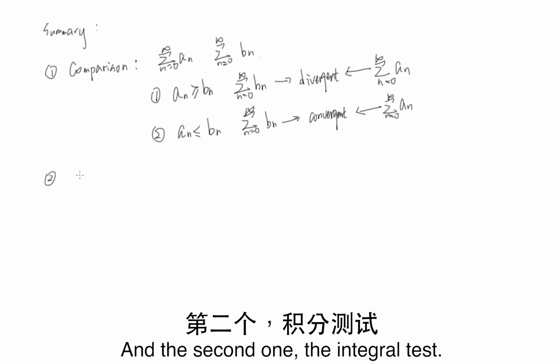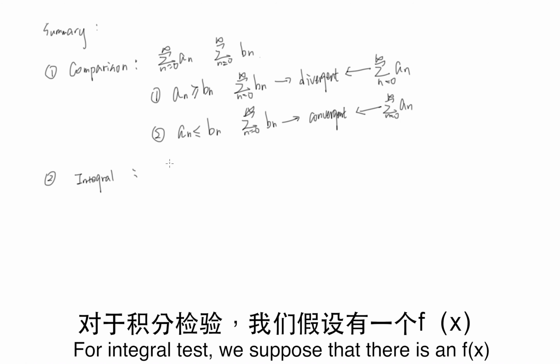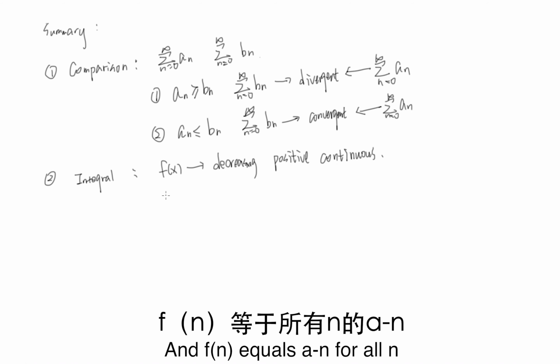And the second one, the integral test. For the integral test, we suppose there is an f(x), which is a decreasing, positive, and continuous function from 1 to infinity, and f(n) equals an for all n.